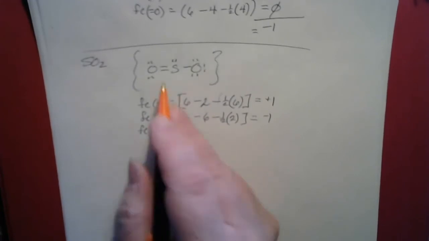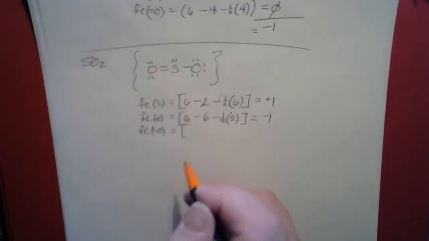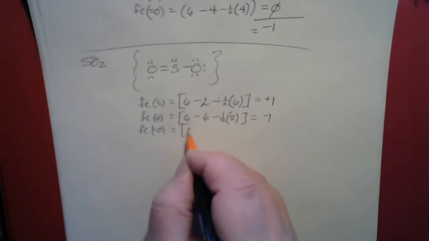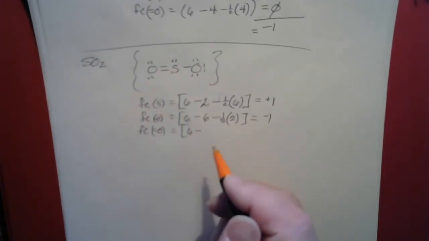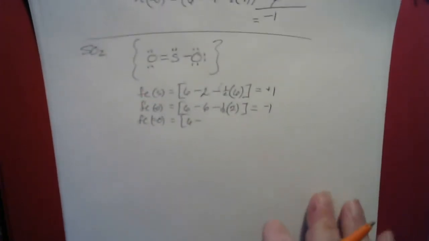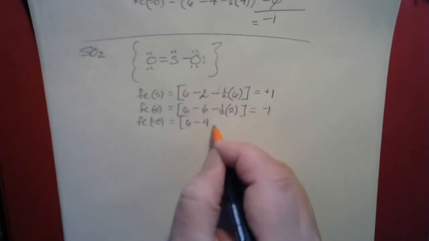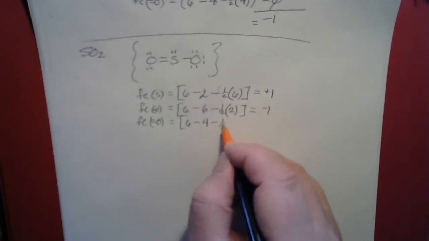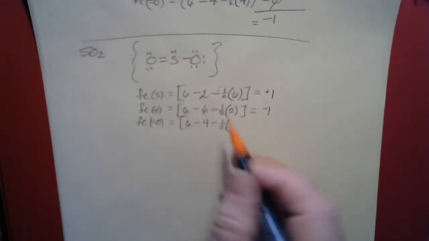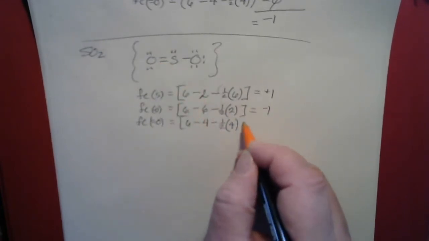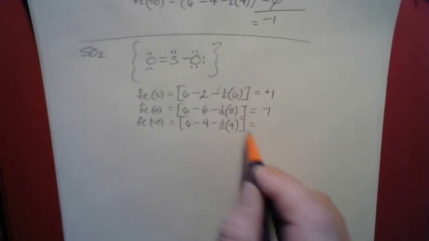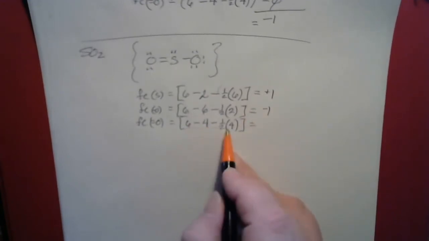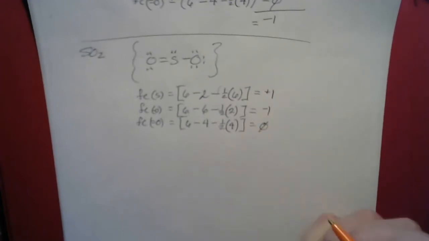Okay, for the double bonded oxygen, the one on the left as I drew it here, that's going to be 6 because that's the normal number of valence electrons for oxygen, minus the 4 lone pair electrons on the double bonded oxygen, minus 1/2 of 4, since 2 bonds means 4 electrons. 6 minus 4 minus 2 is 0.